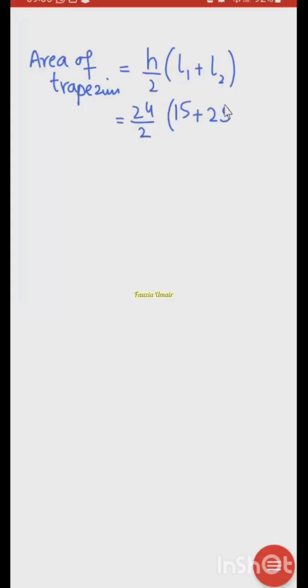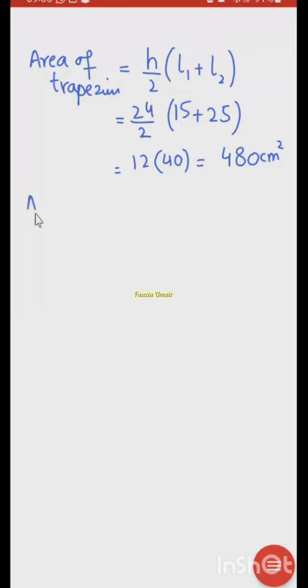You cannot cancel this 2 with 15 or 25 because they are added, but you can cancel it with H. It is 12 multiplied by 15 plus 25, which is 40. So what is 12 into 40? 480 centimeter square is the area of the trapezium.